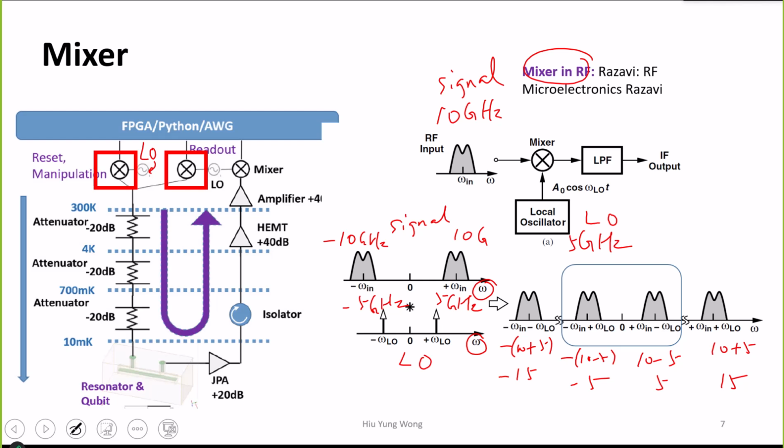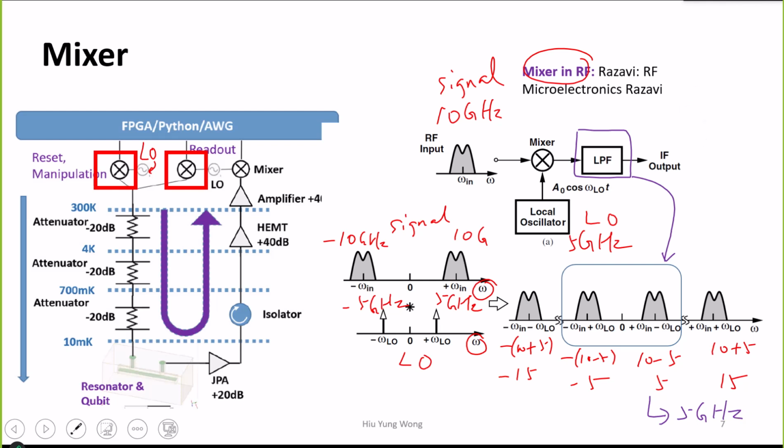Okay? Then the final step is to apply the low pass filter. The low pass filter is going to filter everything, and eventually I will get 5 gigahertz. Is this okay? The main point is that I get omega in minus omega LO. Okay, I will get this frequency.